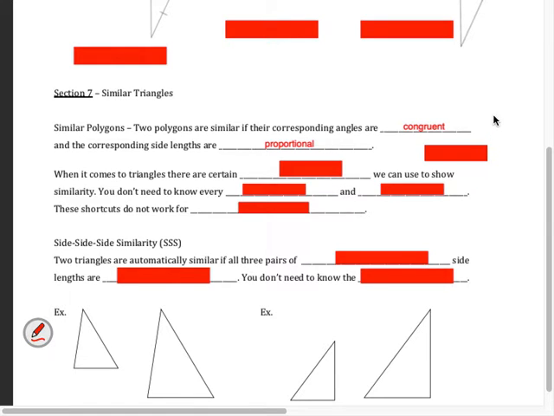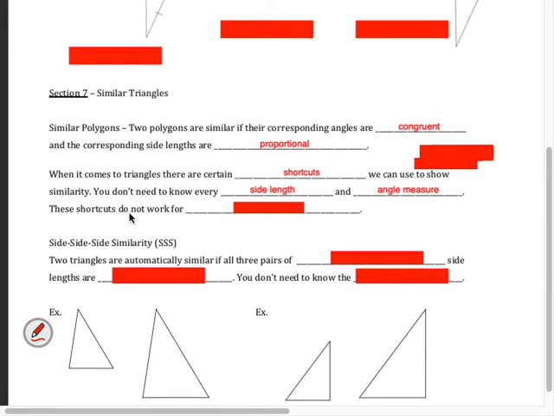Okay? When it comes to triangles, there are certain shortcuts that we can use to show similarity. You do not have to know every side length and angle measure.